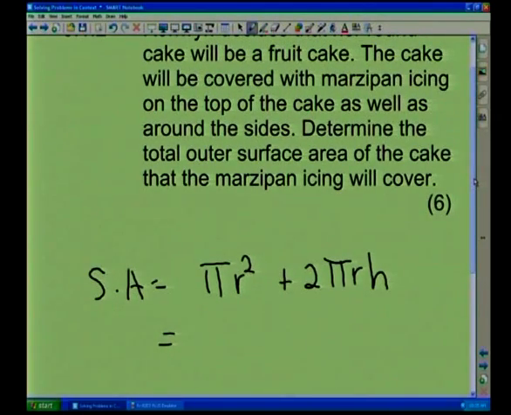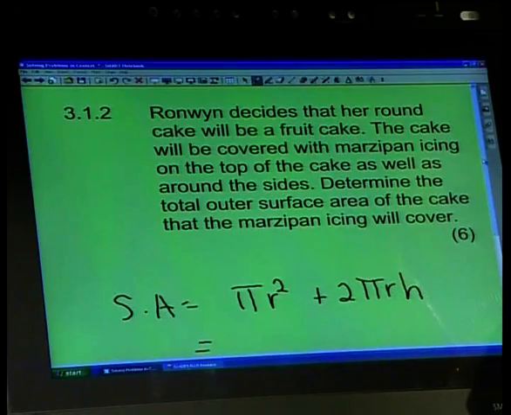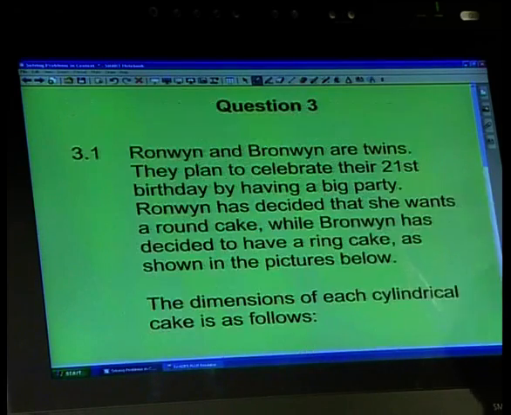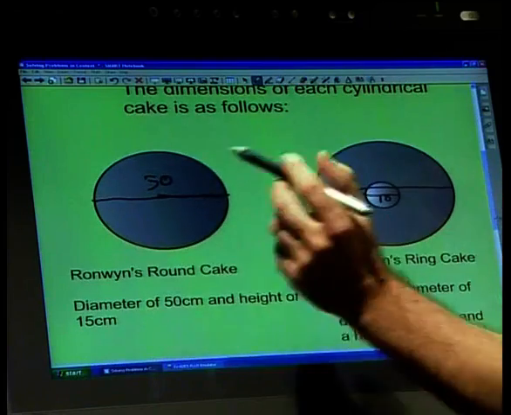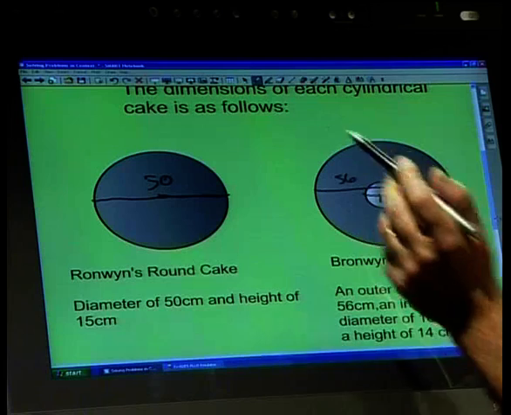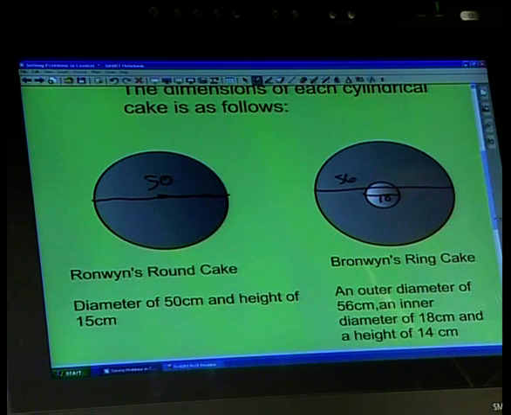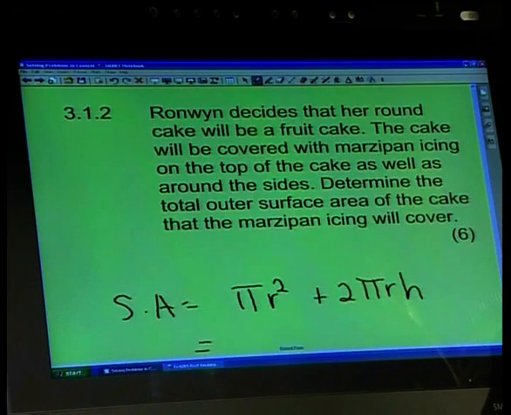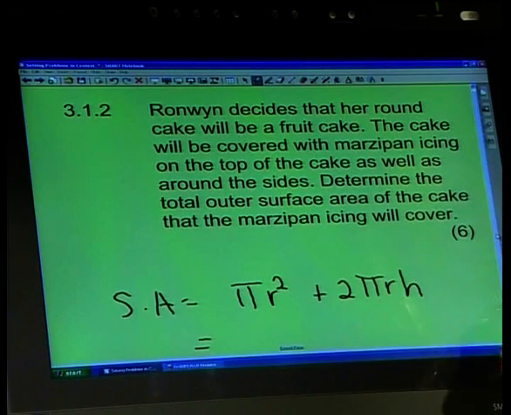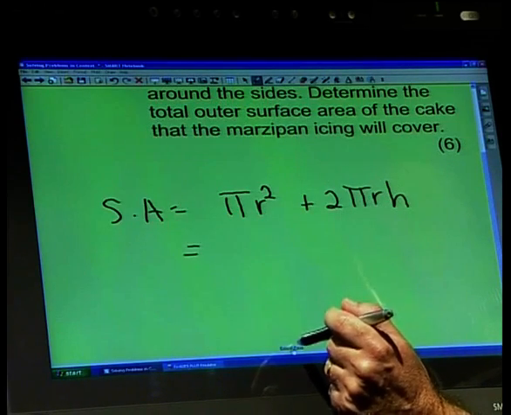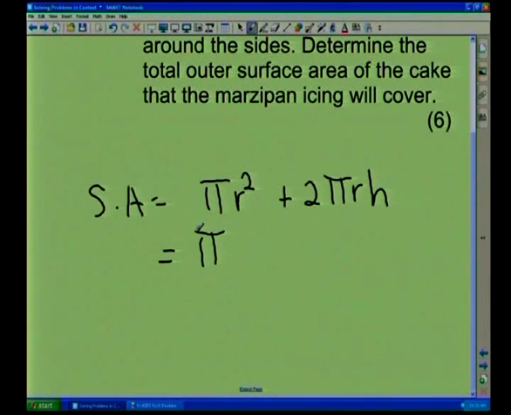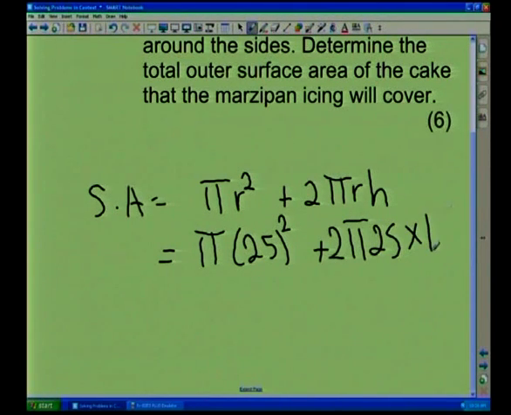Now, the dimensions for Ronwin's cake, right in the beginning, were given as follows. We need the radius again, which is half of the 50 centimeters for the diameter, and our thickness or height was 15. So let's fill those figures into our formula. It's pi times 25 squared plus 2 pi times 25 times 15.